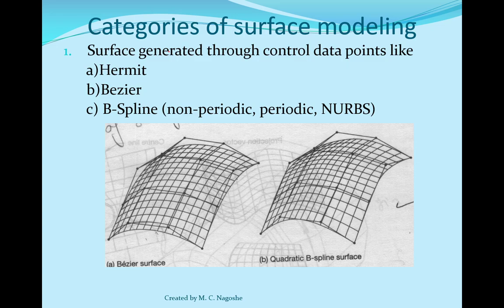NC is number of components. I'll repeat again. V stands for vertex, E stands for number of edges, F stands for number of faces. FH stands for number of faces having holes.